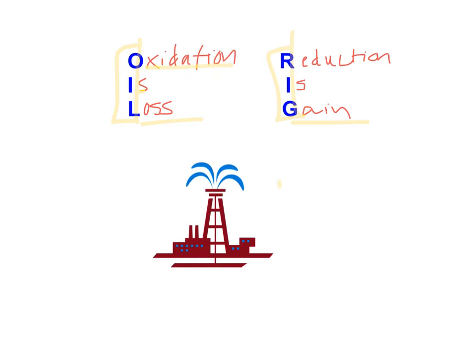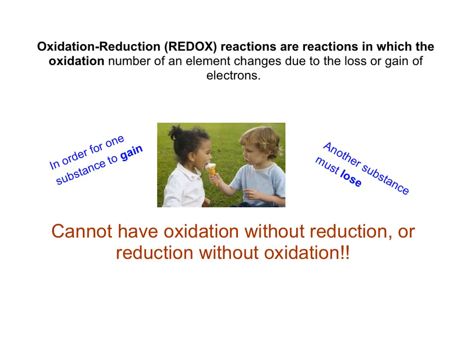So this can be a helpful way, as you'll see as we move on, of identifying has something oxidized or reduced. This can be a helpful way to remember keeping the two straight. So when you put oxidation and reduction together, you get redox reactions. So RED for reduction, OX for oxidation. And these are reactions where you see an element change due to the loss or gain of electrons.